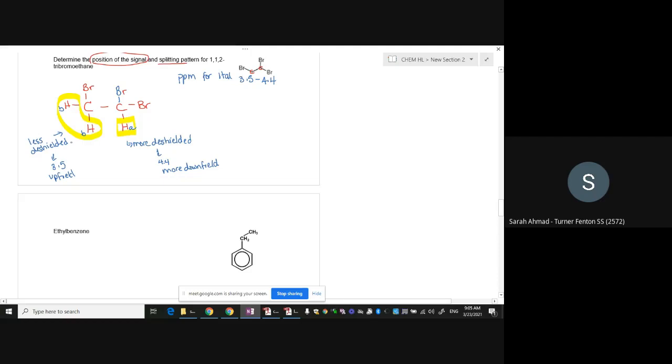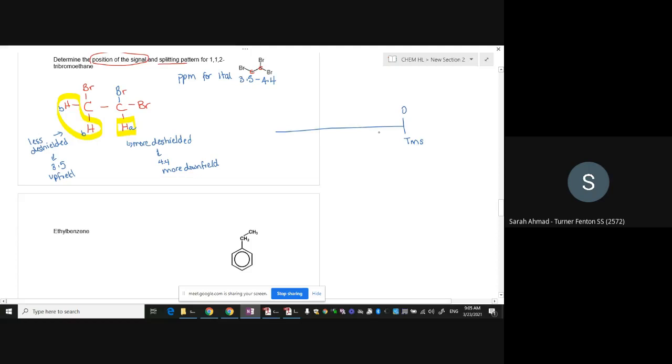All right, let's organize the signals. So if I'm over here, and this is my TMS at 0, then proton B will come first, proton A will come down the line, okay? But before we put the signals in, what about the splitting?